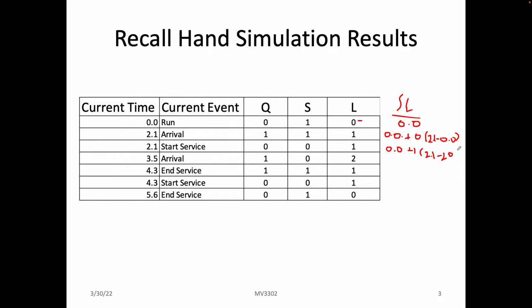So it feels like we're spinning our wheels, but then all of a sudden, at time 3.5, our previous value of L was 1, so our incumbent was 0, plus 1 times 4.3 minus 3.5.